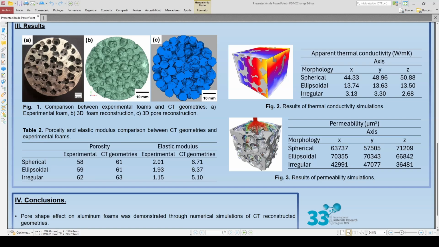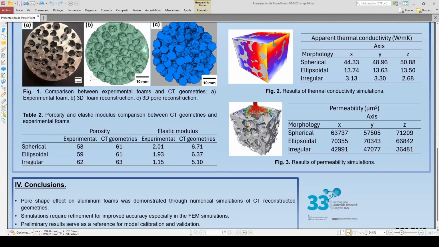Besides this, we can see in table 2 that porosity values for computed tomography geometries and experimental foams were very similar, with small variations that are practically negligible, around 2 or 3%. And also we can see that size and quantity of pores are very similar for experimental geometries and computed tomography geometry.